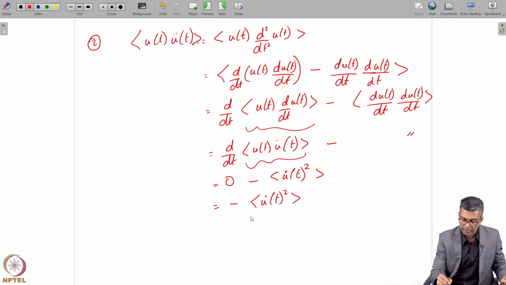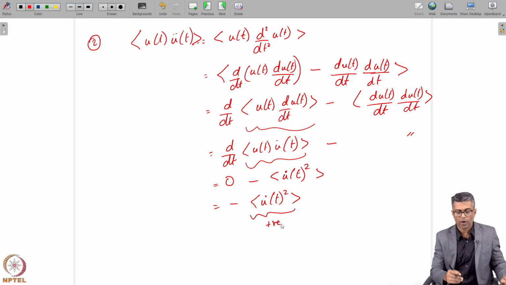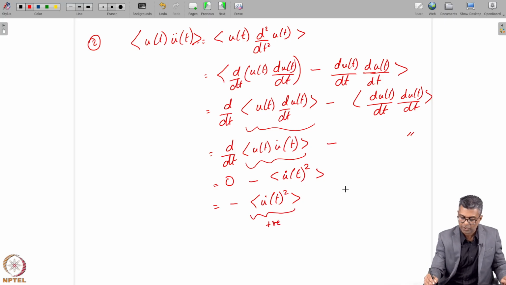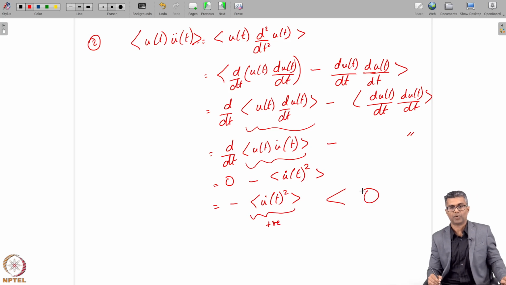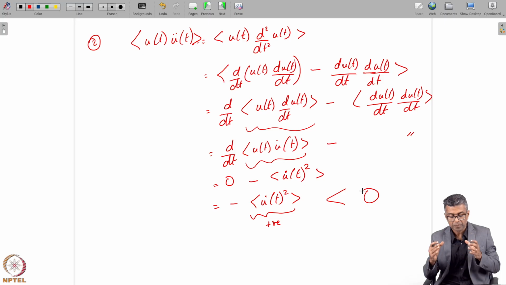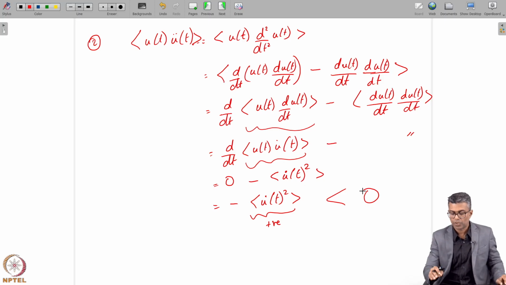This right here is a positive number, and you have the negative of that, so this whole thing is going to be less than 0, because you are taking u dot(t), the derivative of u, and then squaring it. So it's going to be a positive number because you are taking the square. The negative of that will be a negative number, so essentially you have it less than 0, isn't it? So there you go. So the second one we have proved it like that.